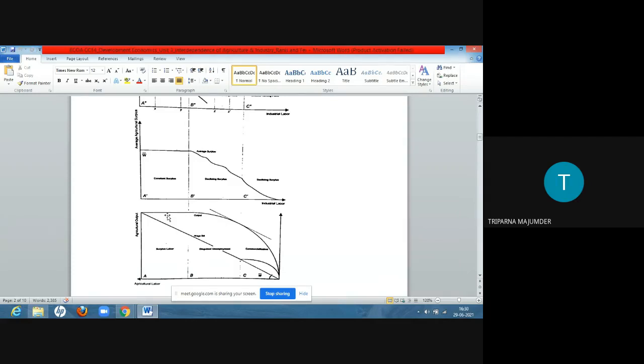The average surplus is depicted in this panel. Average surplus is equal to W bar here and is unchanging in the surplus labor phase. This is depicted by this horizontal line W bar.